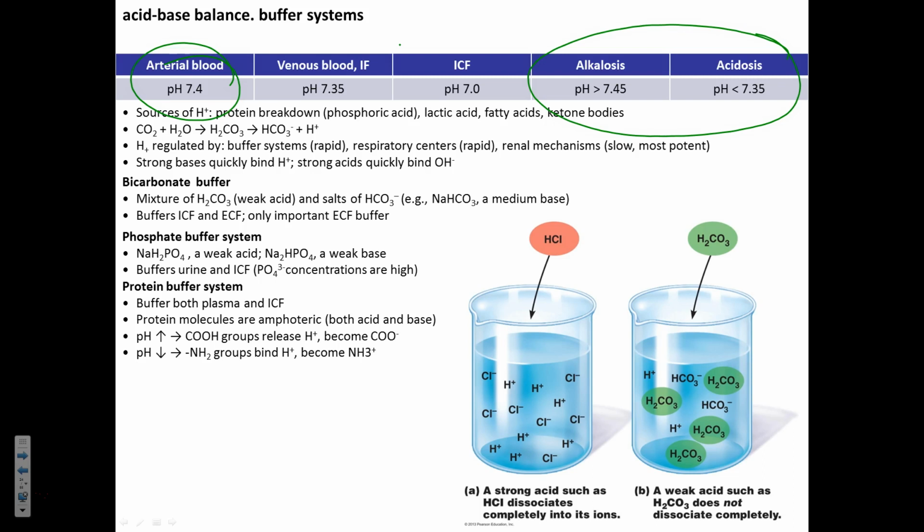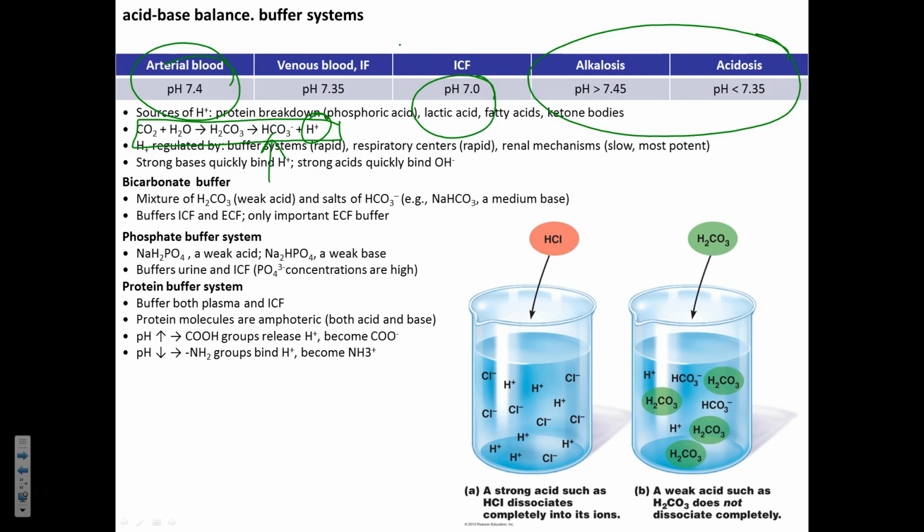Moreover, it's really hard to change because there are buffer systems. So this is the main buffer system in the blood. It's bicarbonate, right? If you have more hydrogen ions than needed, say you have exercised vigorously, so you have a lot of lactic acid produced, those extra hydrogens will bind to bicarbonate.